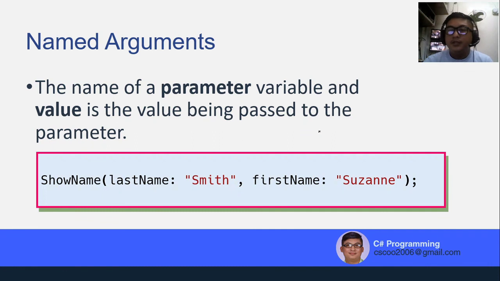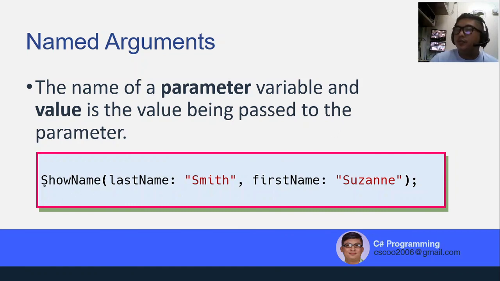Okay. Named arguments. You can create named arguments. When you call the method, you can identify the parameter and assign a value to it. Something like this one.